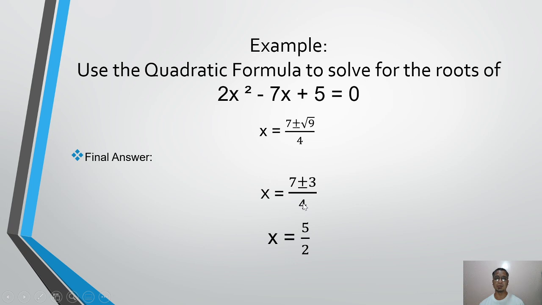So again, parehas po silang even number, divisible by 2. So that is 5 over 2. Hindi natin pinansin yung negative. Ngayon, halimbawa, yung 3 ay negative, so hindi mo papansinin naman yung positive sign. 7 minus 3, that is 4 divided by 4, 1 ang sagot. This will be our final answer.